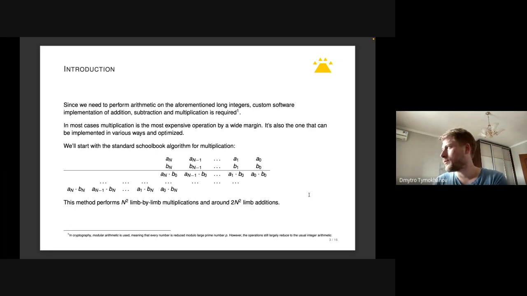We don't just multiply two numbers and then reduce modulo, but we interweave multiplication and reduction, which makes it a bit more complicated. But for the purposes of this talk, we'll imagine that we mostly need to just multiply numbers and get a result as an integer, just to make things easier and to have some focus on what we're doing.